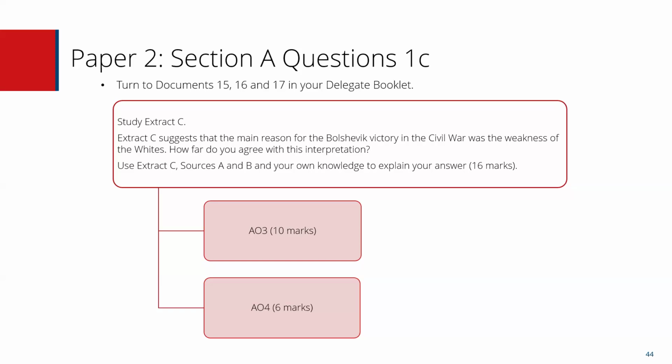Okay, so that level 1, just your simple comments, very limited analysis, just very generalized weak answers. Building on that a little bit, you'll go into your level 2. It's still not going to be very good stuff.